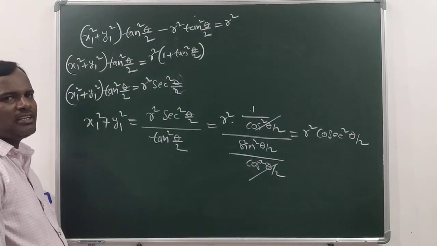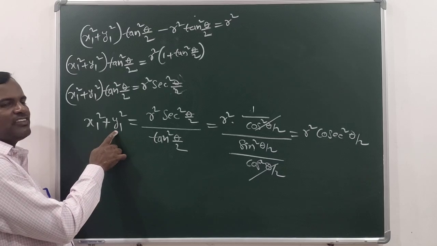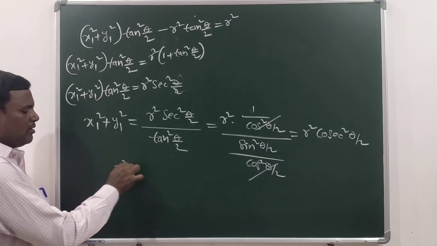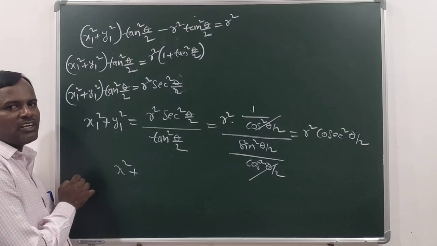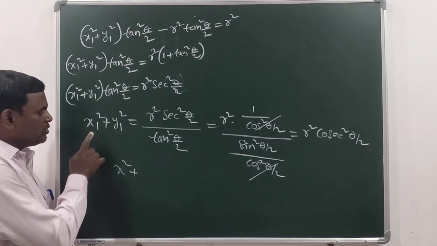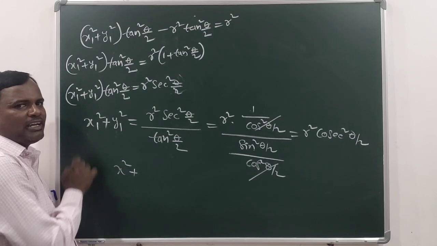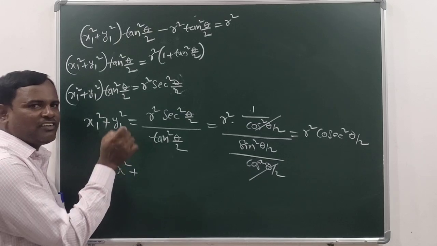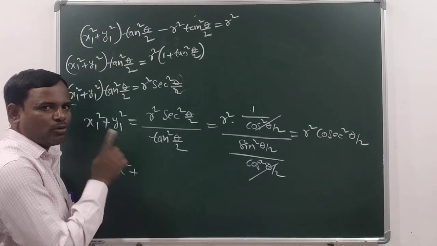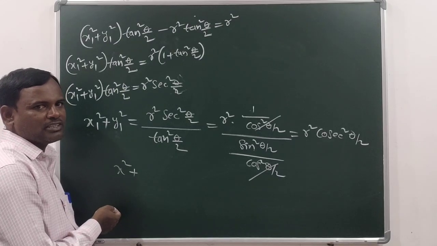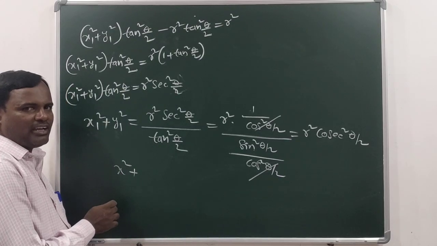Now in the final answer, you must replace this x1 y1 by xy, because here we need to find the equation of locus of a point. x1 y1 is a fixed point on the plane, but it is a locus. That locus contains infinitely many points, hence it must be replaced by xy.